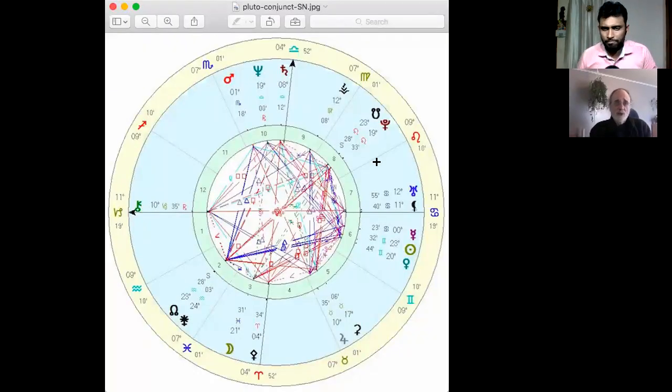Okay, so this is a chart of a person who has Pluto conjunct the south node over here. And I put this up to make it really clear what we're talking about. Now this is the work of Jeffrey Wolf Green, who developed this form of evolutionary astrology.